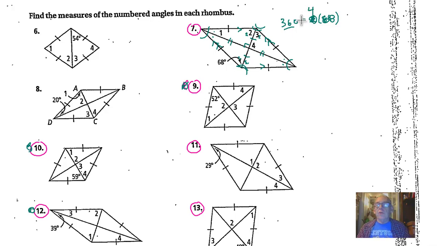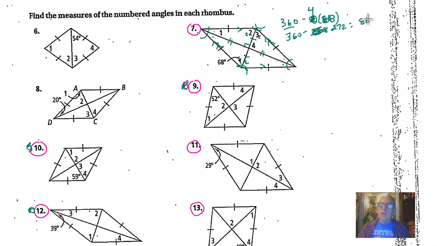So let's see what we got here. 360, and 4 times 68, no, I didn't do that right. 4 60s is 240. 4 8s is 32, so that's 272. So 360 take away 272 is going to be something like 88, I think.